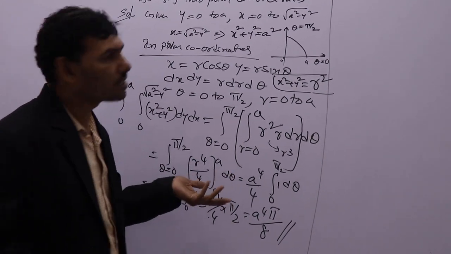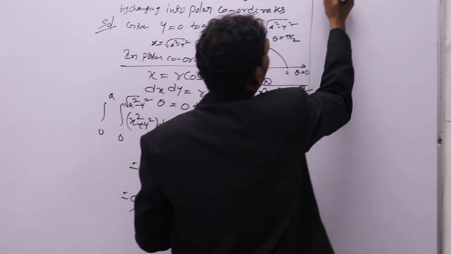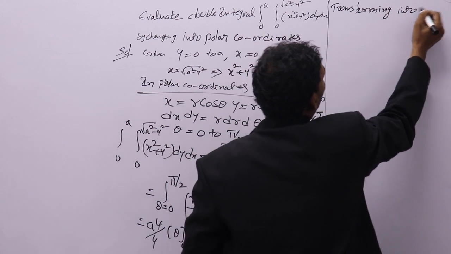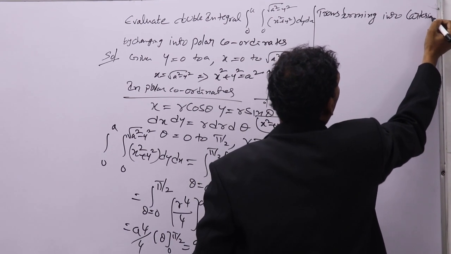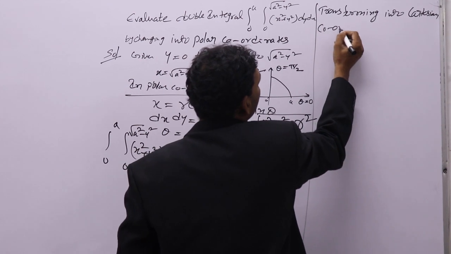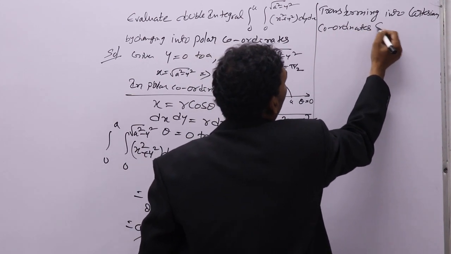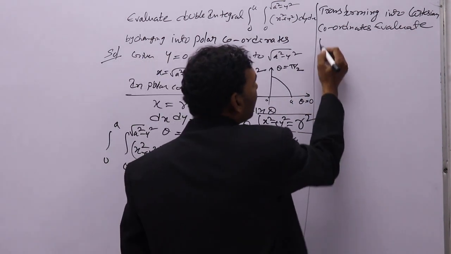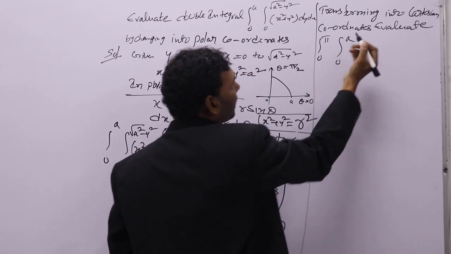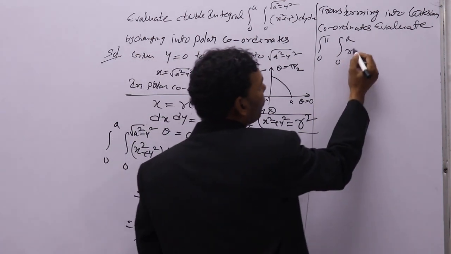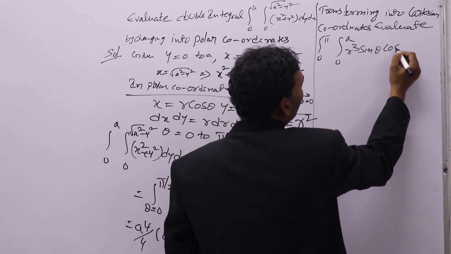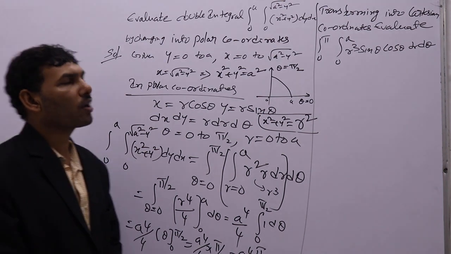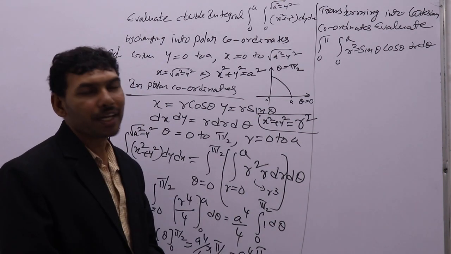Here, by transforming into the Cartesian system, Cartesian coordinates, evaluate the integral 0 to pi, integral 0 to a, r cube sin theta cos theta dr d theta. That one we are going to evaluate by transforming into Cartesian.